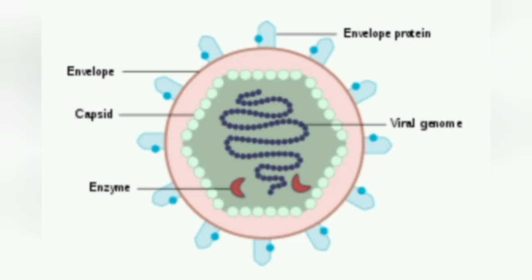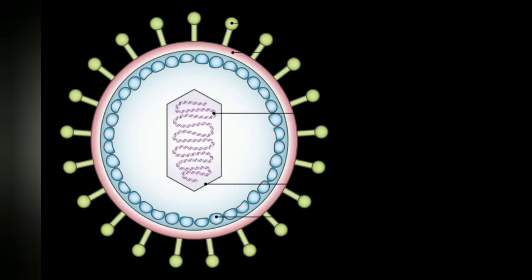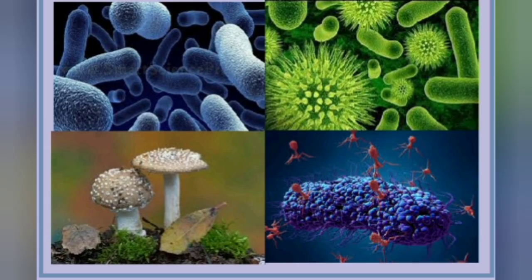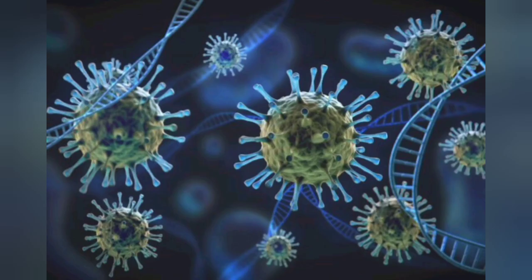So, if viruses aren't living, how do they cause illness? Viruses are parasites, they can only reproduce in other living cells. They enter the host cell and hijack the host's genetic material. They make copies of their own viral genetic material instead and produce lots more virus particles.